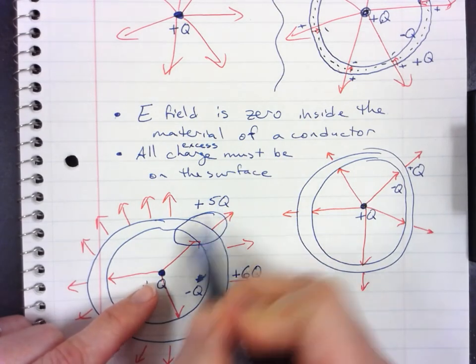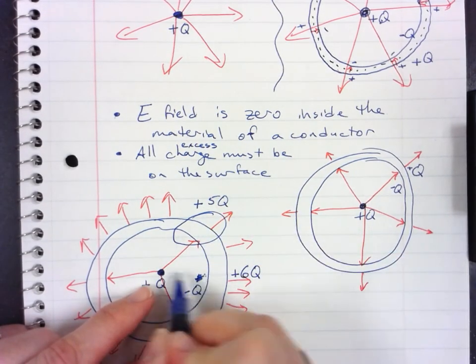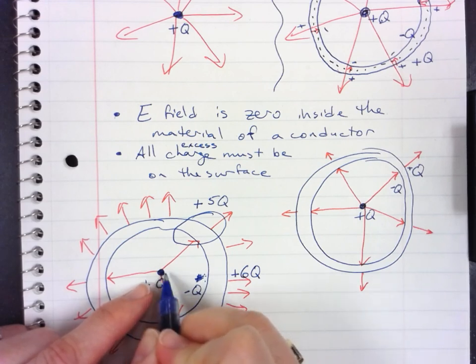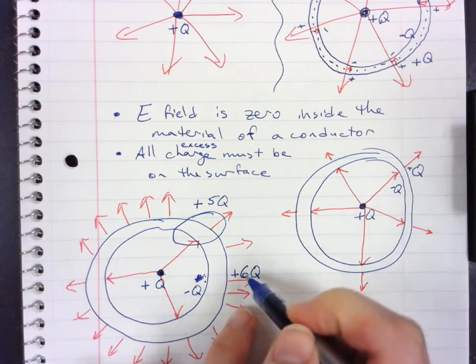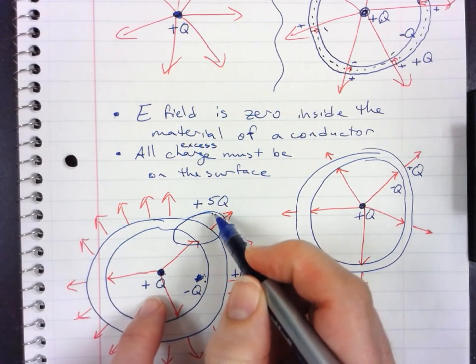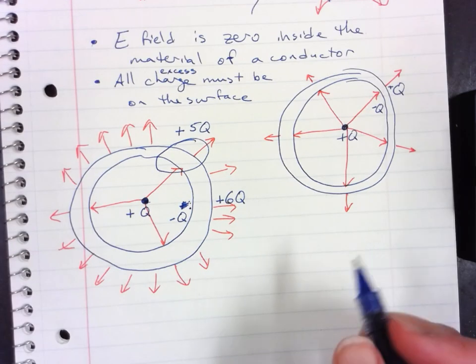If you know the initial two charges, the central object and the outside object, the inner surface has to cancel out the central object. So if this is positive, this is negative, exact same amount. The outer surface ends up being the sum of the original two. So let me write that down.